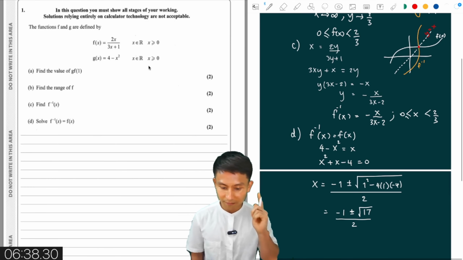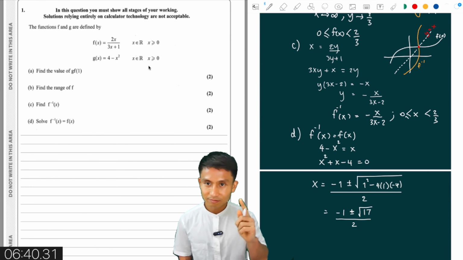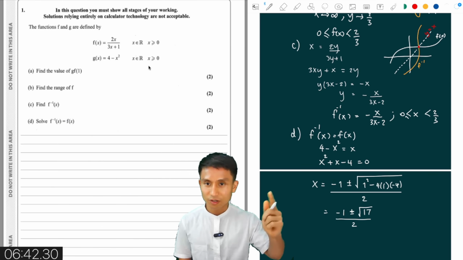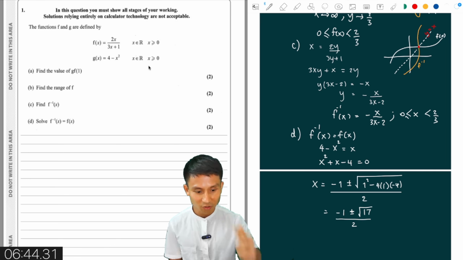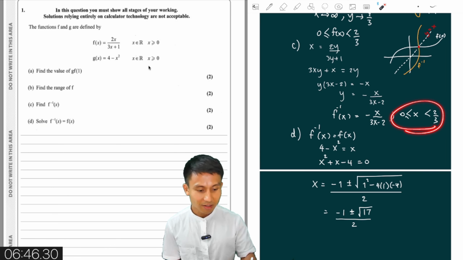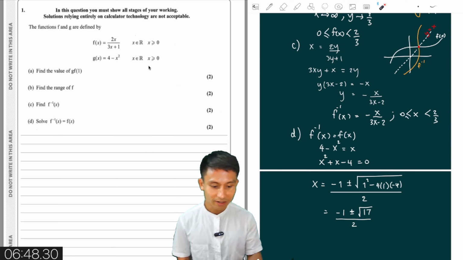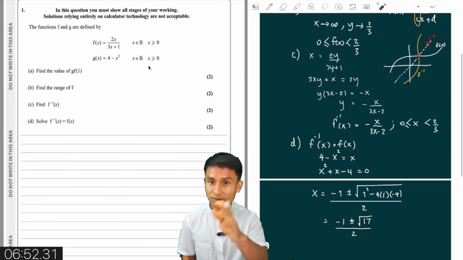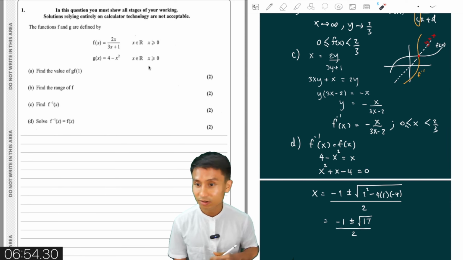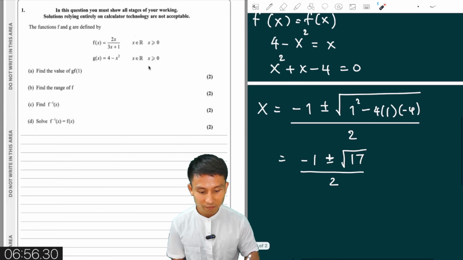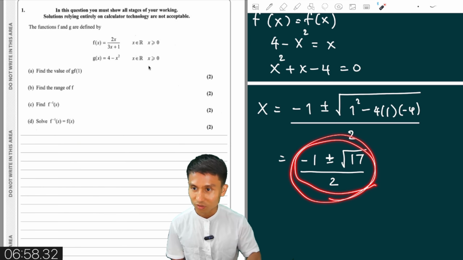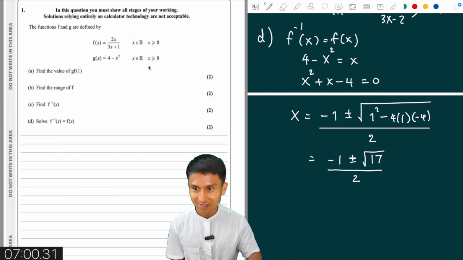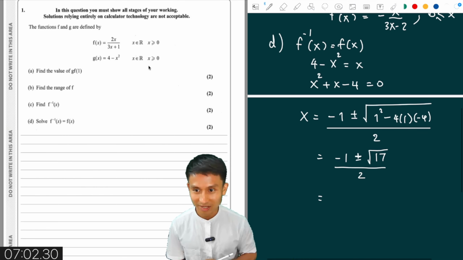Now, we need to be careful, because both f(x) and f inverse have a limitation of the domain. They're both greater than 0, right? This one greater than 0 for the f inverse, and the f(x) in the question already says that the domain is greater than 0 anyway. So if you happen to get a negative root and you put it, you're going to lose a mark there.